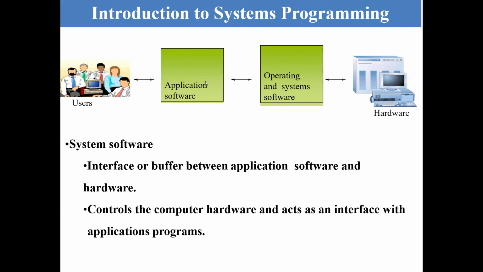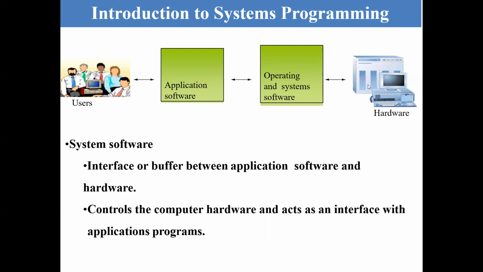Right? We have seen a lot of examples of application software. The application software is totally based on your application, or totally based on the user or your problem statement. It is different for different applications. But the operating and system software is related to your hardware and is installed in the machine.